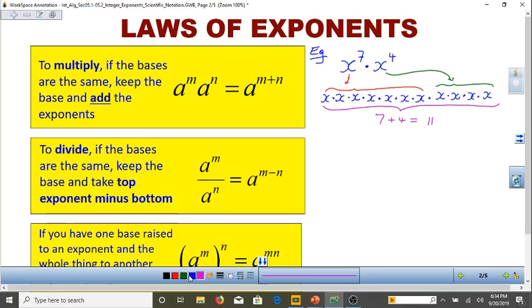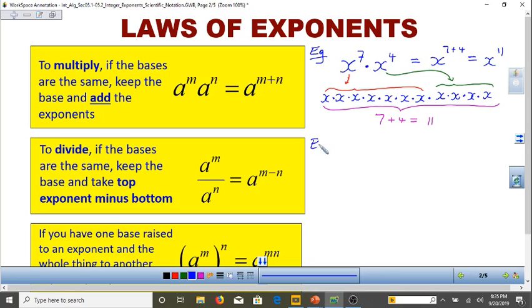So what we ended up doing is adding the exponents, because really we're counting how many x's we multiply in all. We take the 7 from the first power and the 4 from the other power and add those together. This is why we needed the bases to be the same, because otherwise we'd be counting different things. So there we have 7 plus 4 is equal to 11.